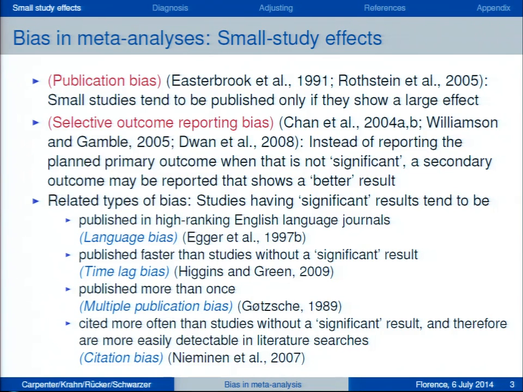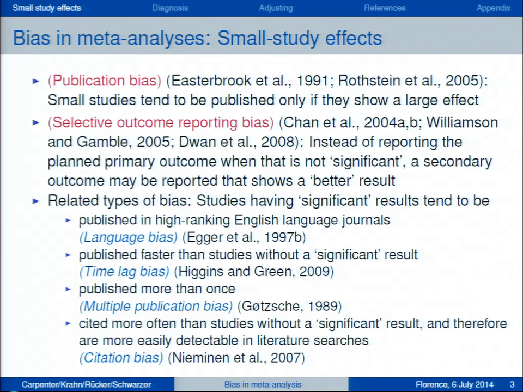A few types of these: there's evidence that studies having significant results tend to be published in higher ranking English language journals, while other studies having non-significant results may be reported in national language journals. This is called language bias.